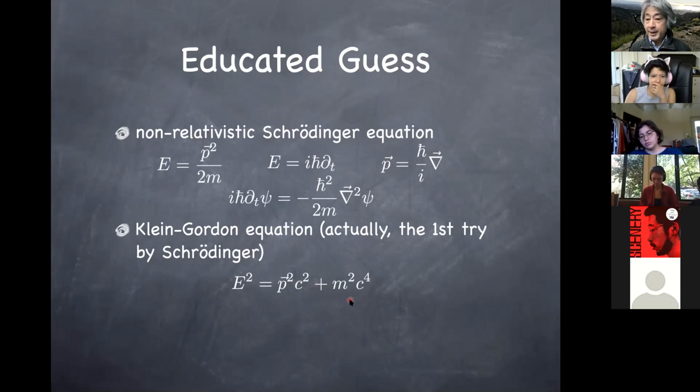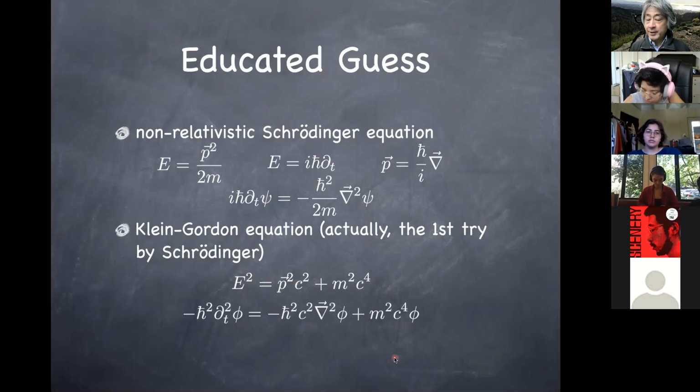So this is now the right expression for the relativistic energy. Instead of using E equal p squared over 2m to write down the Schrödinger equation, now I use this relativistic expression for energy and momentum, but then do the same replacement that energy is time derivative, momentum is a spatial derivative, and there you go, this is the equation. And if I move this p squared piece to the other side of the equation, then I find this combination of del t squared minus spatial derivative squared. That's something we learned as the d'Alembertian.